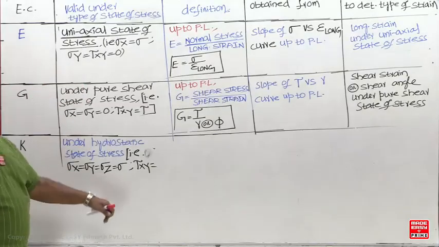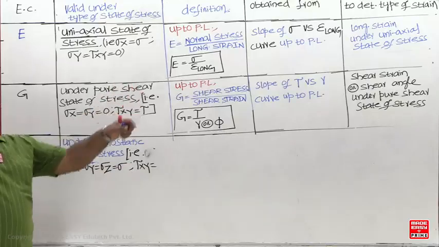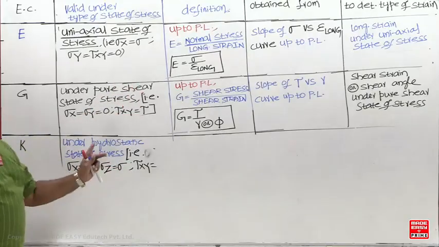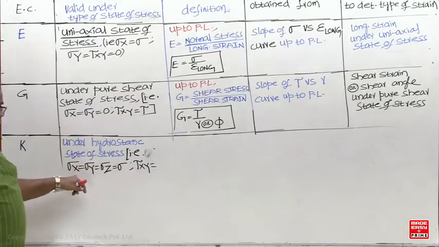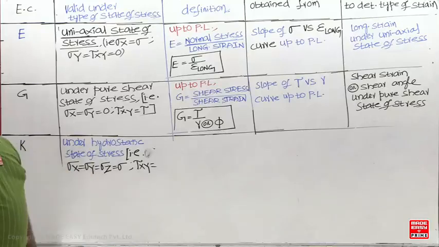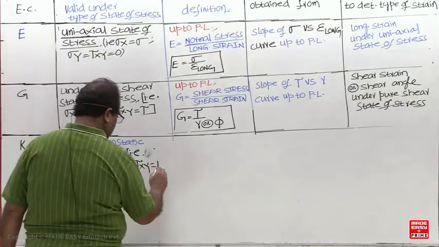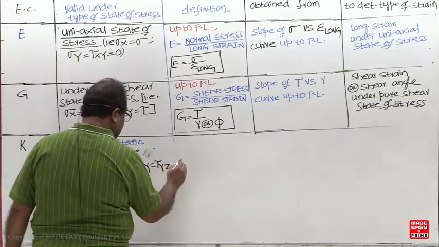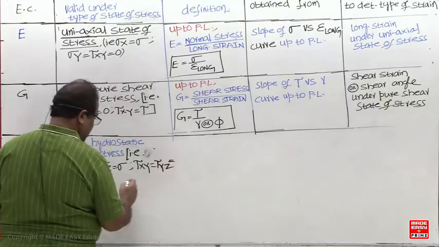But what is the specialty of the triaxial? How many independent components are there? 6. But here, how many components are 0? The 3 shear components are 0. Only the normal stresses are all equal and like in nature.